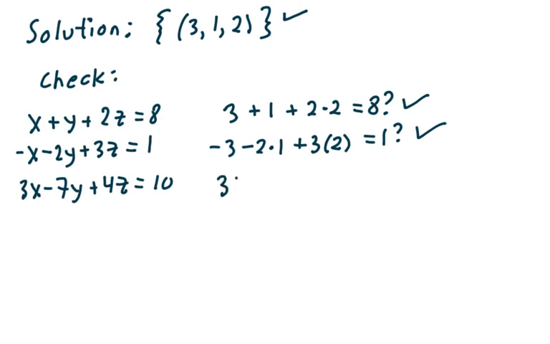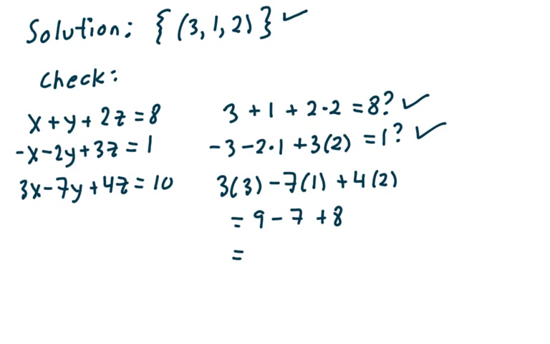And then 3 times 3 minus 7 times 1 plus 4 times 2 is equal to 9 minus 7 plus 8, and that absolutely equals 10. And so the solution does indeed check out. And so that's how we solve that system in the first example.